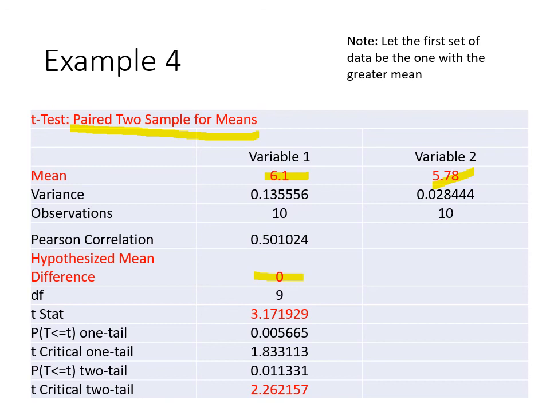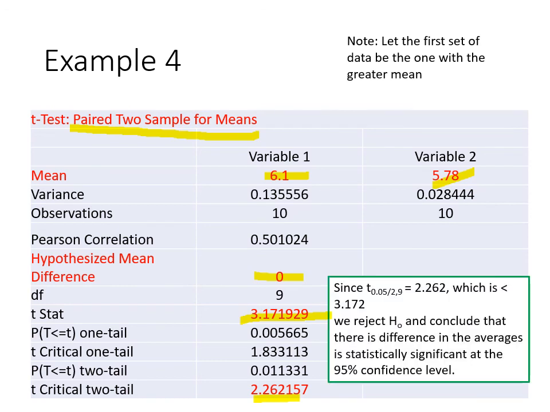So here, set that as equal to 0. We will determine the experimental t using Excel and the critical t value, and we will make the exact same conclusion. We reject the null hypothesis and we conclude that there is a statistically significant difference in the averages at a 95% confidence level.